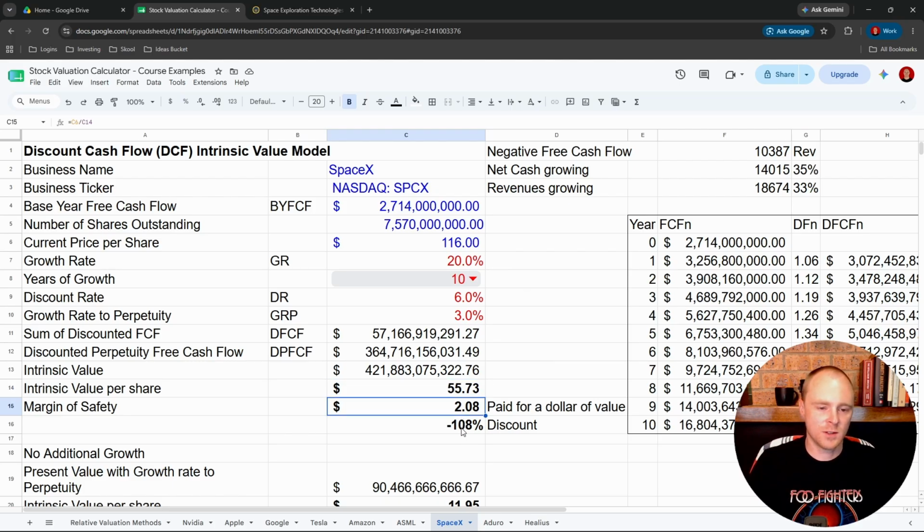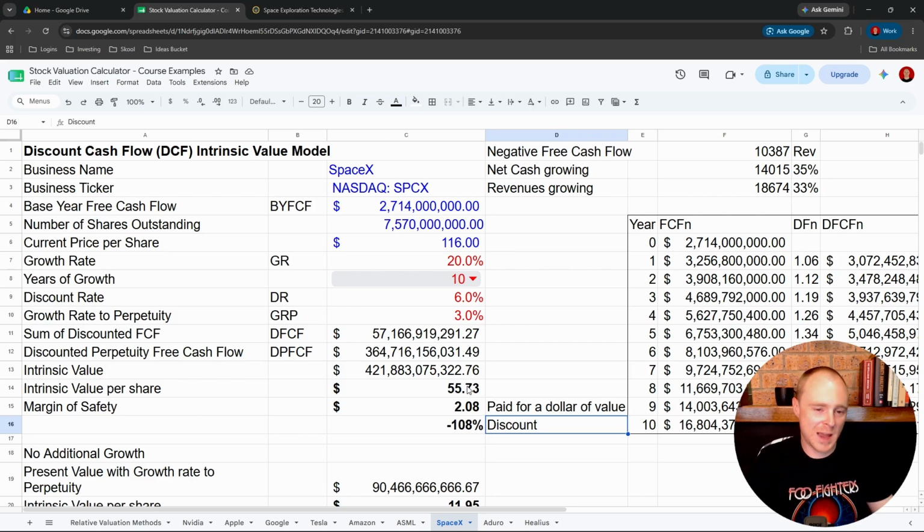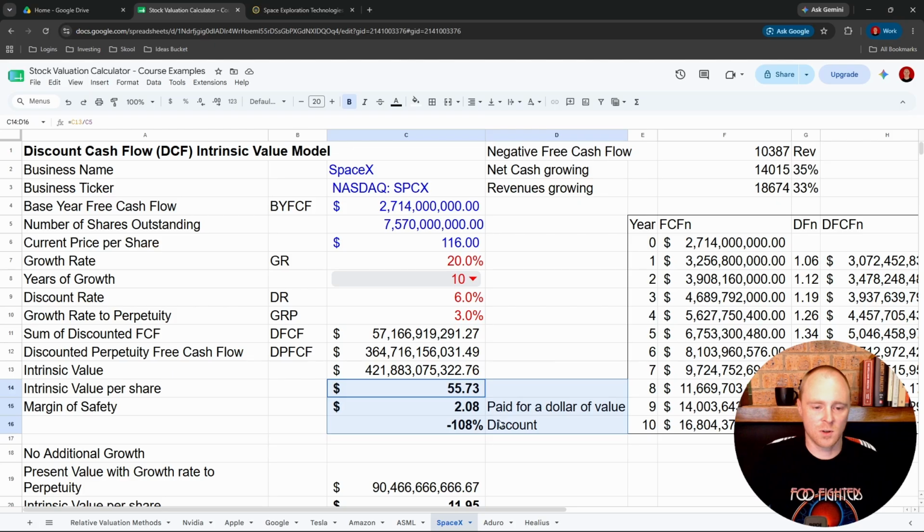Now that shows that you could pay double what it's actually worth, and it would take a very long time for this business to be able to effectively pay you back for what your purchase was. If in 10 years' time you pay double what it was actually worth and the business underperforms, you're exposed and you've just lost your money, which could have been invested in a better investment at this time.